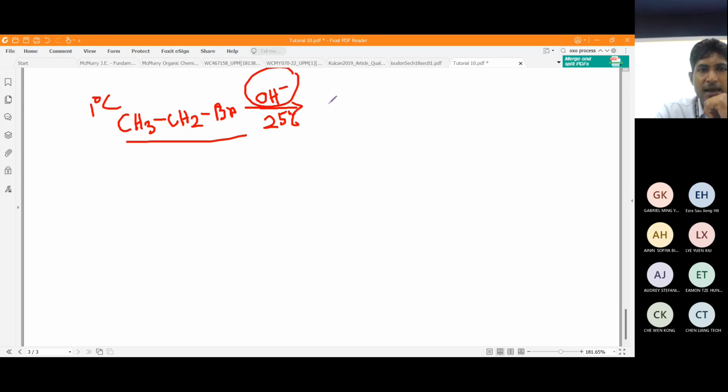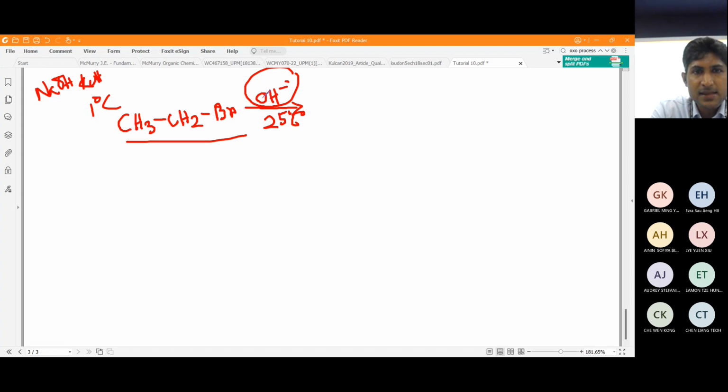Hydroxyl is a strong base because it comes from sodium hydroxide or potassium hydroxide or lithium hydroxide, whatever. It carries a negative charge, so it is quite a strong base. At 25 degrees centigrade, with a strong base and a 1 degree alkyl halide, an SN2 reaction is very much possible.